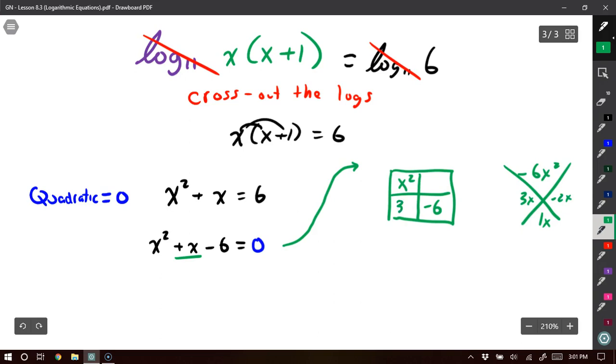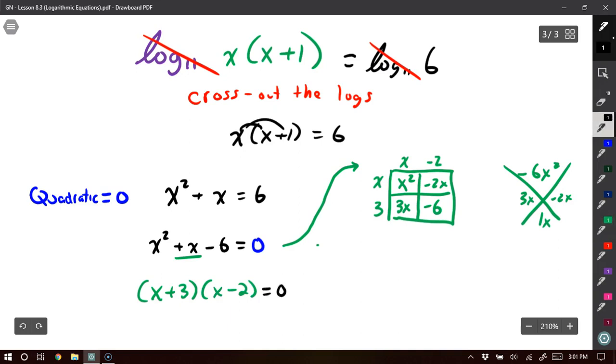So I'll put the 3x here, negative 2x here, and see, the top row has a GCF of an x. So I have x, I get x times x is x squared, x times negative 2 is negative 2x, and then 3 times negative 2 is negative 6. So I have x plus 3 times x minus 2 as my factors, that equals 0.